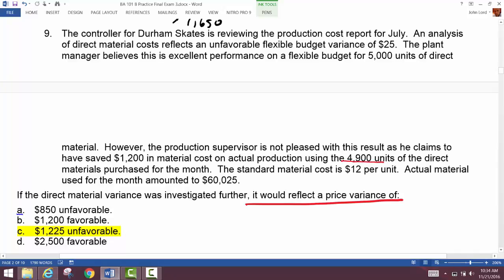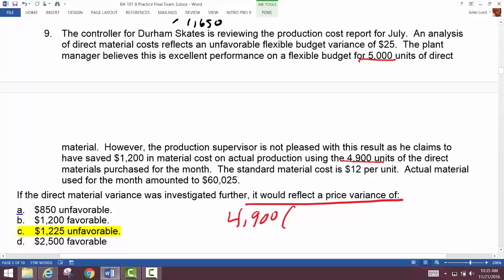So I don't know what this plant manager is thinking, saying we did good if our budget was 5,000 units. Meanwhile, we only produced 4,900 units, right? Okay, so if we want the price variance, should we use the budgeted or should we use the actual? Got to use the actual, don't we, for the price variance?